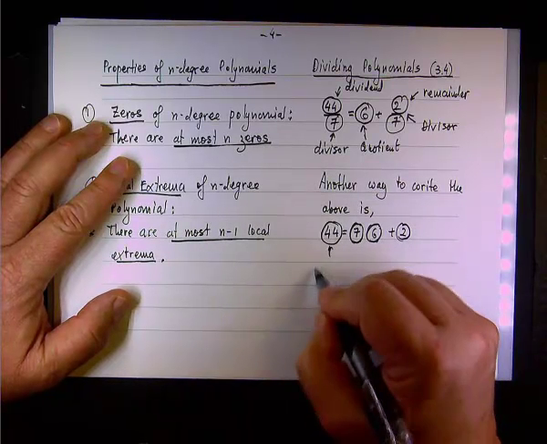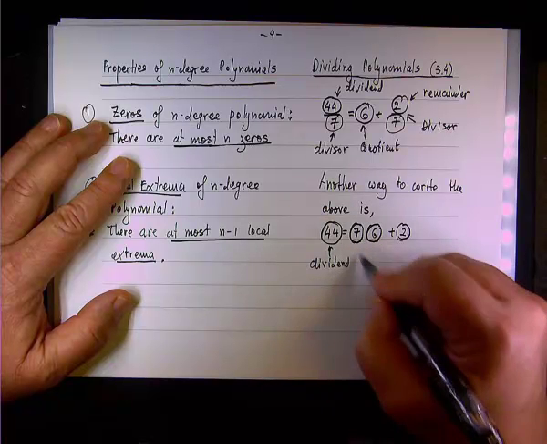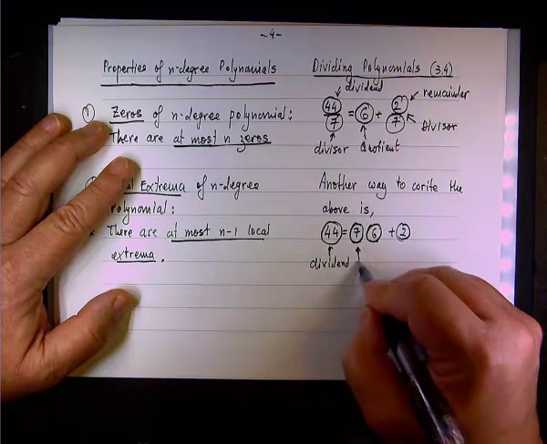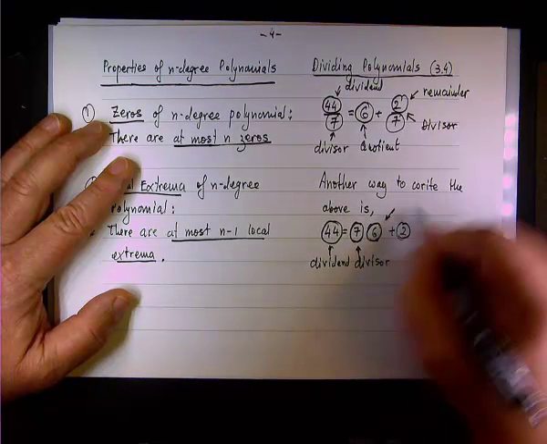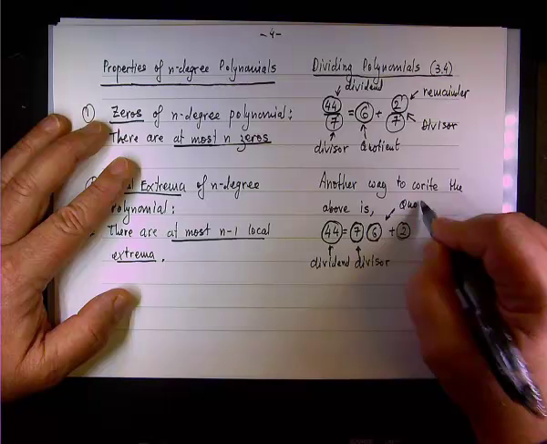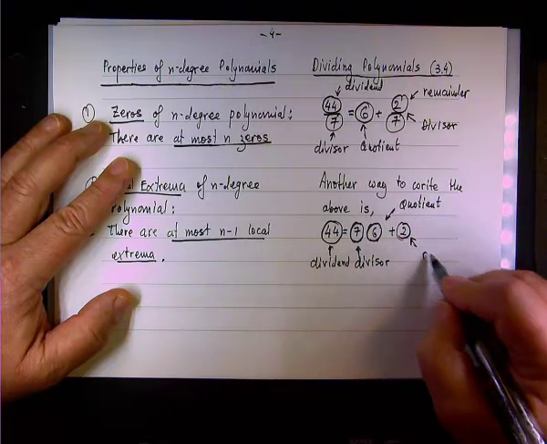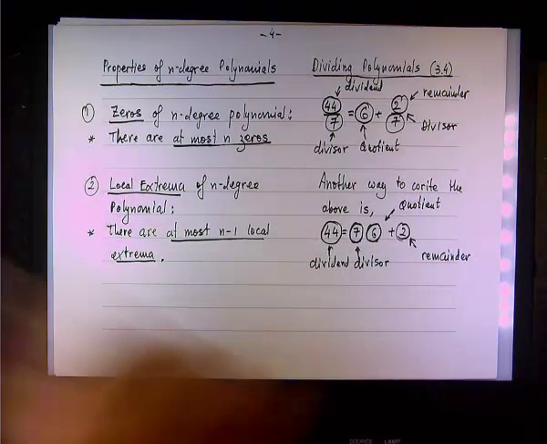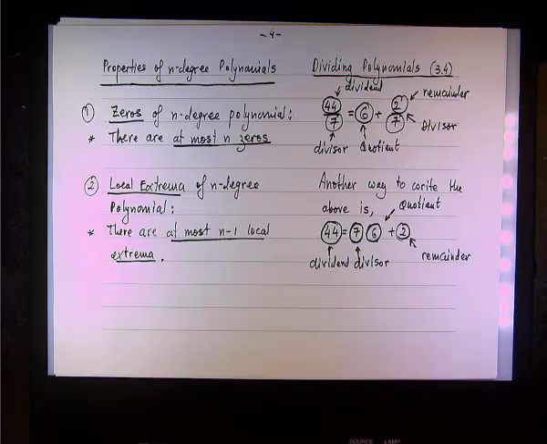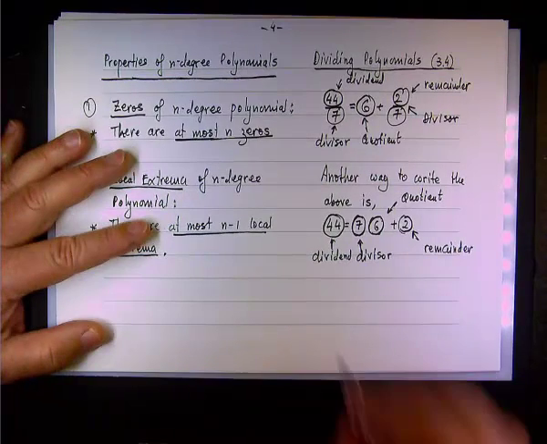This is something called a division algorithm. So again, this is the dividend, this will be the divisor, this will be the quotient, and this will be the remainder. This format is called the division algorithm.